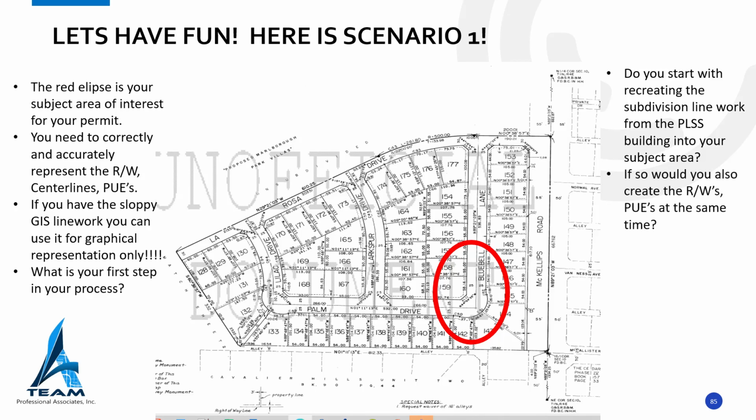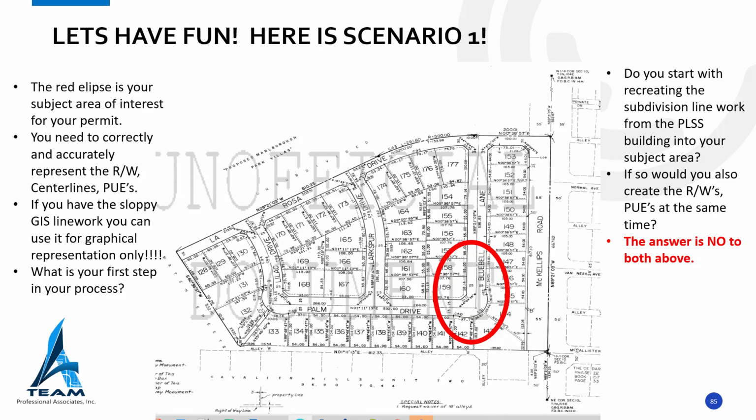So if you were to do that, would you also create the right-of-ways and PUEs at the same time? I'm just going to go, God, I would hope not. That would be a big waste of time. So please do not, when you're going back to the PLSS to create something, assume that you've got to do all of the rights-of-way and PUEs for the entire area that you're calculating for the entire subdivision.